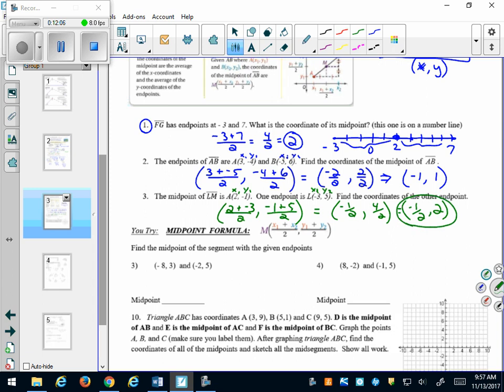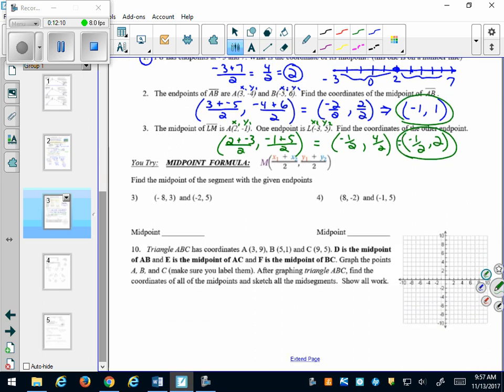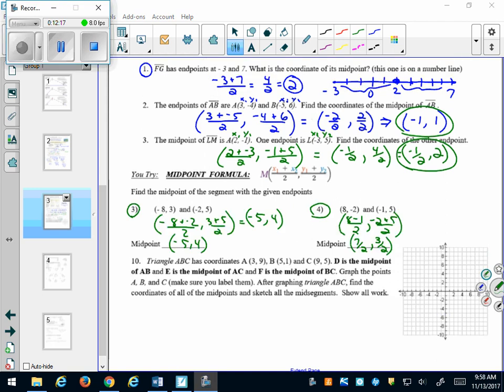That's your midpoint. Okay, so you guys can try 3 and 4 on your own. Pause the video, try them. Okay, so check out your answers here. See how you did using that formula.